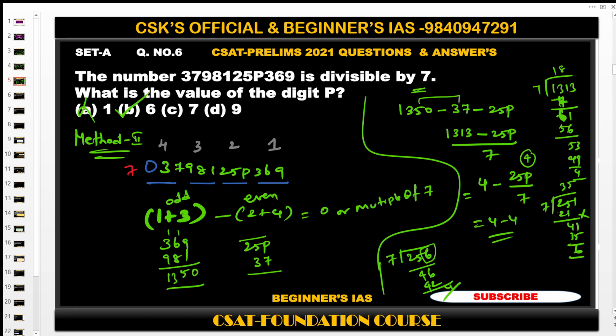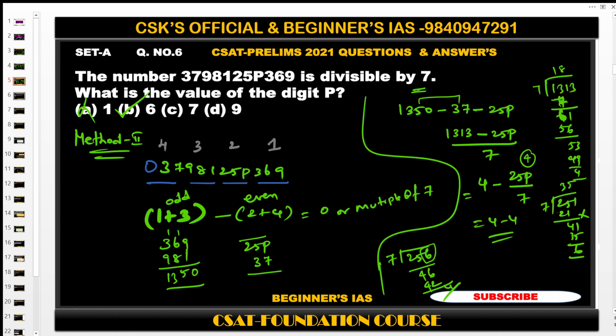If 7 is there, then what you people will do? If 7 is there, you have to put a double zero here. Then take that as a 5. Then 1 plus 3 plus 5. Then that 7 should be added here with the 1350. Understanding? Getting the point, right?